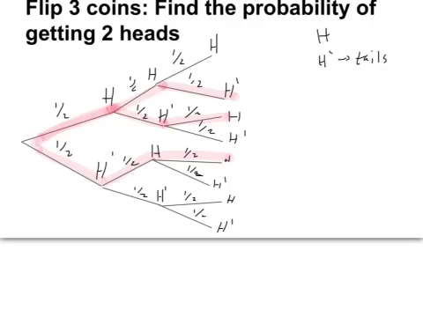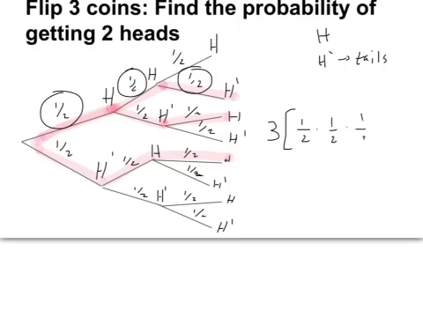And what we notice is that there are 3 different pathways, and for each one, the probabilities are the same. It's just 1/2 times 1/2 times 1/2.